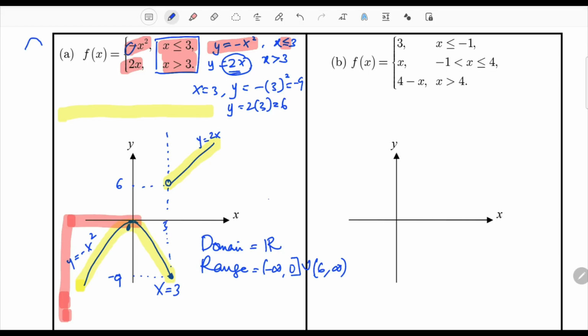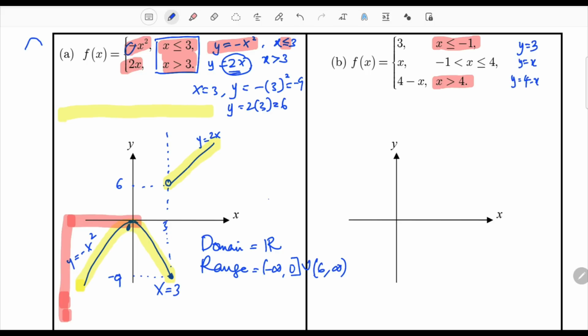Right, B, you have f(x) equals 3 when x is less than or equal to negative 1. Between negative 1 and 4, you have y equal to x. For x greater than 4, you have the graph to be 4 minus x. So let's just split it: y equal to 3, y equal to x, y equal to 4 minus x.